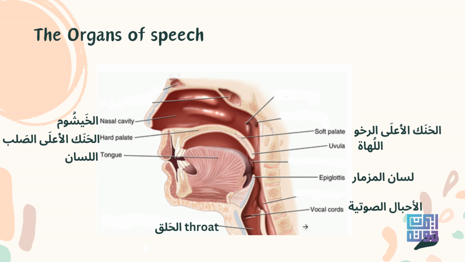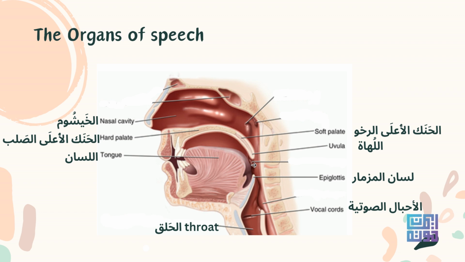Here I got this diagram which shows the inside of the organs of the face and the mouth especially. So we have here the throat, and just by the throat we have the vocal cords here, and then we have something called lisan al-mizmar, the epiglottis, where the throat also passes through.